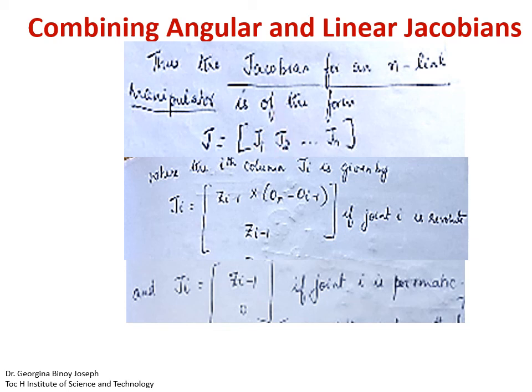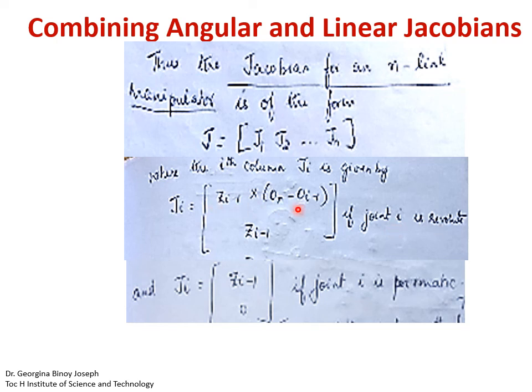So we're going to write that together, where the ith column Ji, okay, J1 or J2 or Jn, is given as, if the joint is revolute, JV is Zi minus 1 cross On minus Oi minus 1, and that is the JV term. And the J omega term, you remember, is Zi minus 1 for a revolute joint.